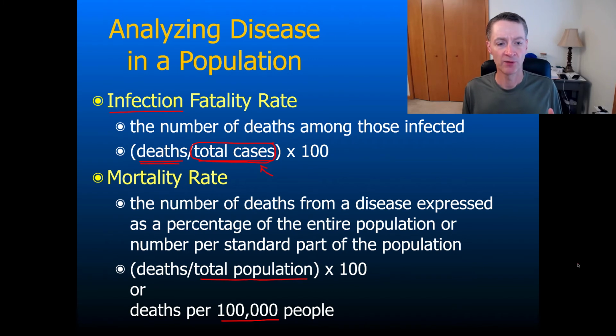Well, it's easier to tell if you have a standard 100,000 people in the denominator of this calculation, because you can say, oh, X number of people in Italy died from it per 100,000 people. Well, we're a much bigger country, so we're going to have a greater population, right? But if you say per 100,000 people, it gives us a good way of comparing.